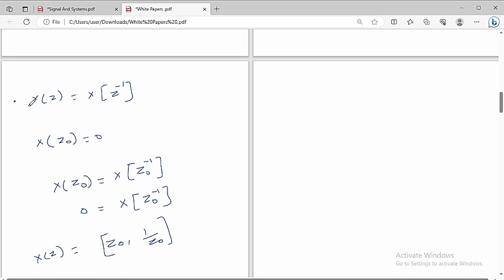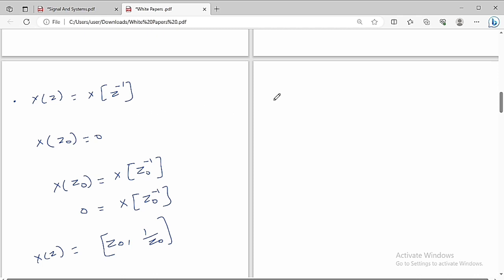In place of z, I can write Z0. So x of Z0 is equal to x of Z0 to the power of minus 1. If this value is equal to 0, then this value is also equal to 0. So therefore, what is the root here? 1 by Z0. If Z0 is a root of x of z, then 1 by Z0 is also a root of x of z only when the condition is x of z is equal to x of z to the power of minus 1.